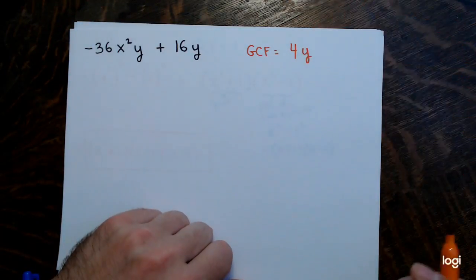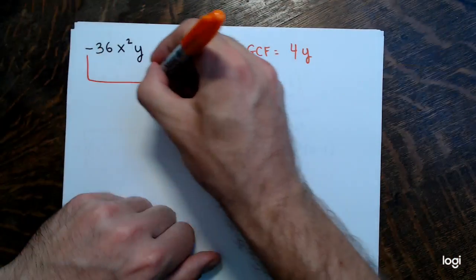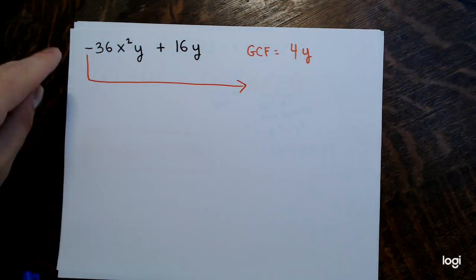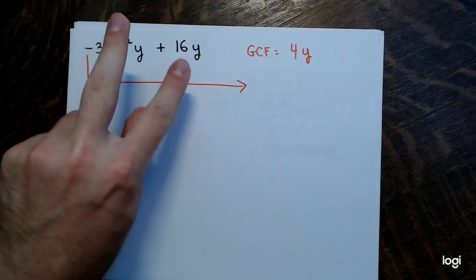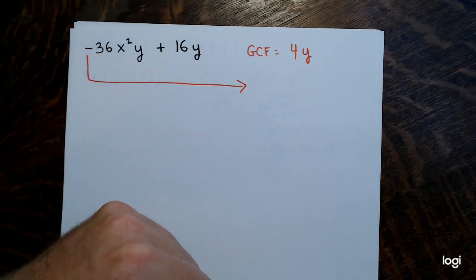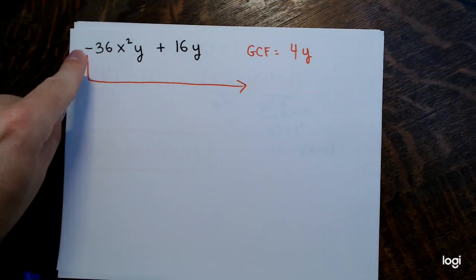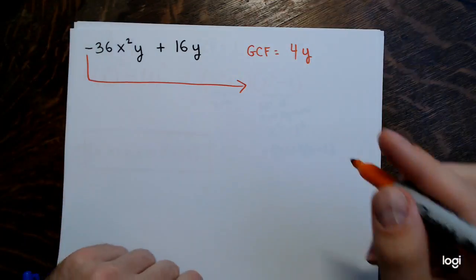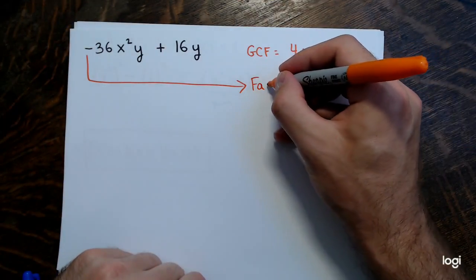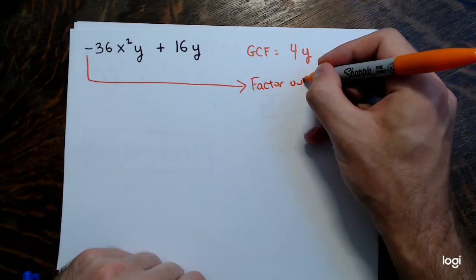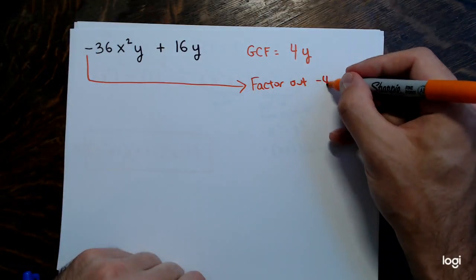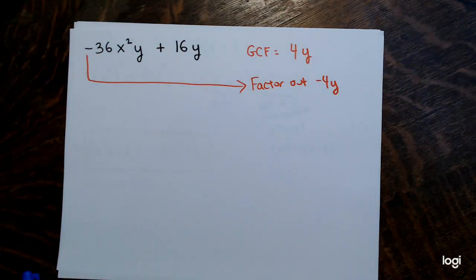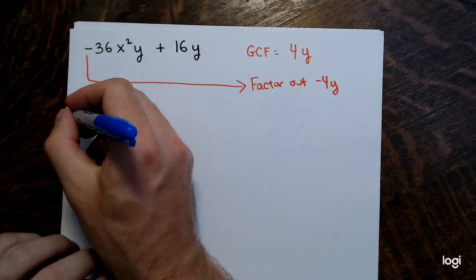So the greatest common factor is 4y. If you want to switch the order of the terms, that's fine, but the way I have it written, I'm going to leave it this way. The lead is negative, so I'm going to first factor out the opposite of the GCF. I'm going to factor out negative 4y.